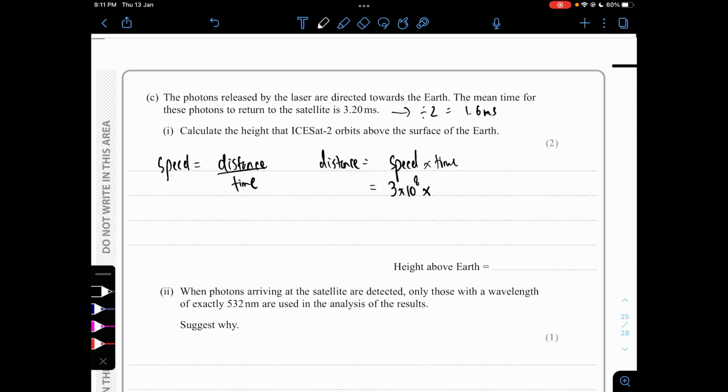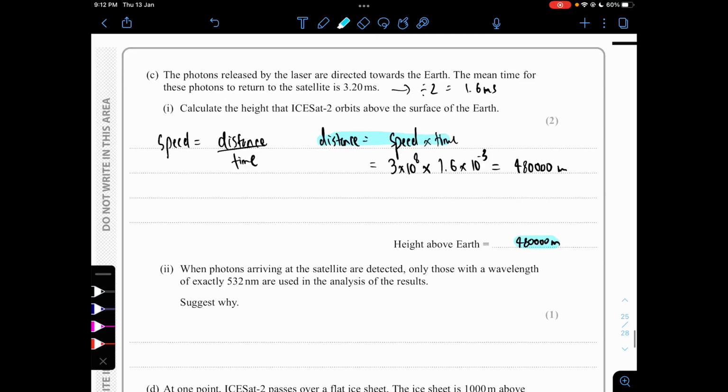The time is 1.6 milliseconds, so 1.6 times 10 to the power of negative 3. So this gives us 480,000 meters. So we just need to use distance equals speed times time, and we know the speed is 3 times 10 to the power of 8.